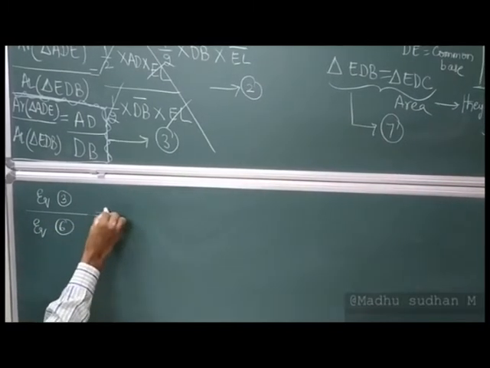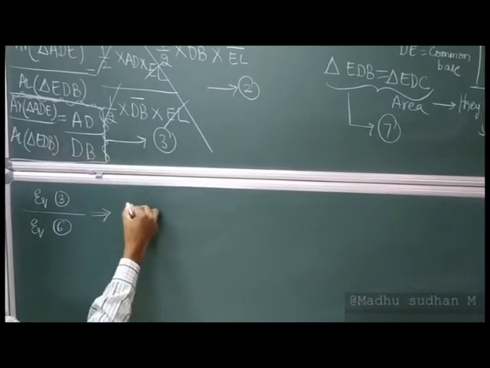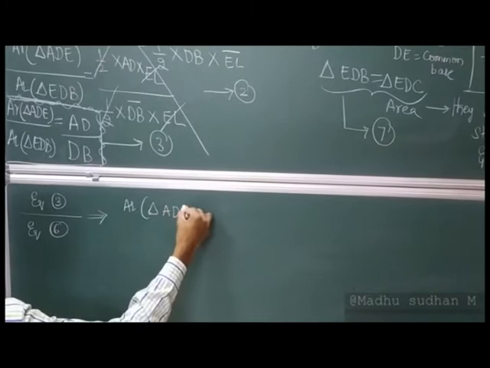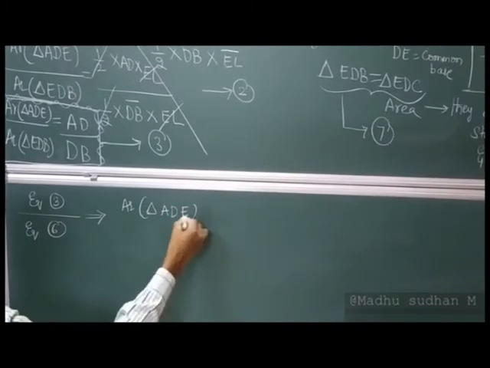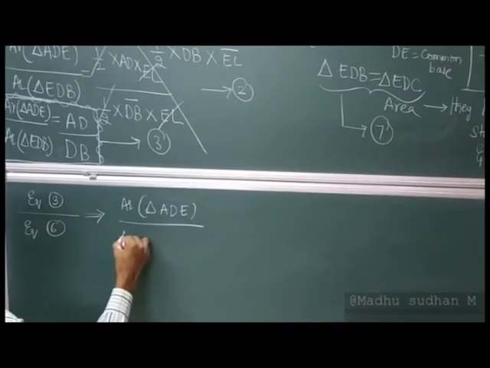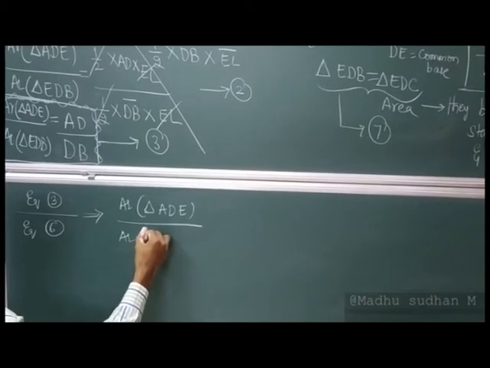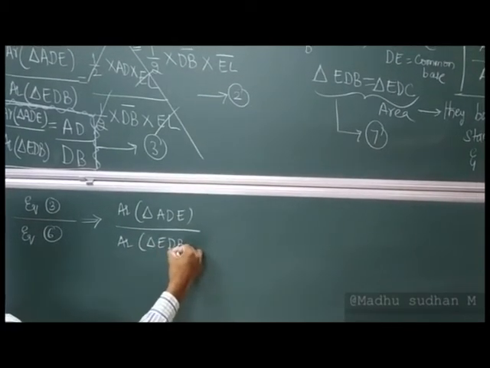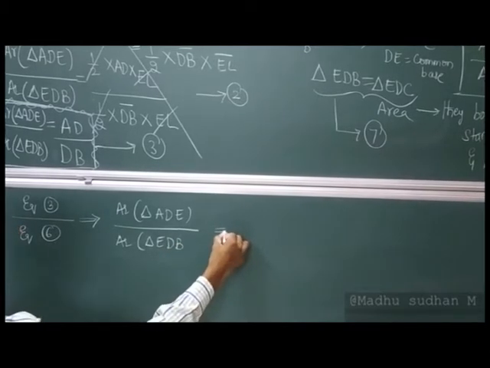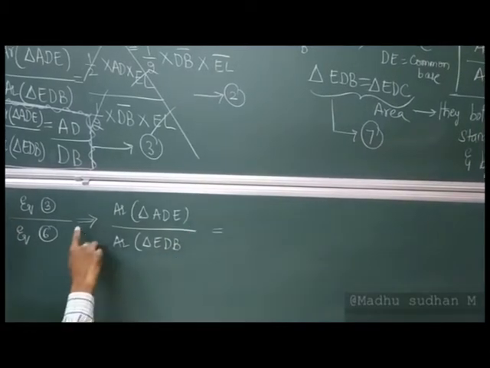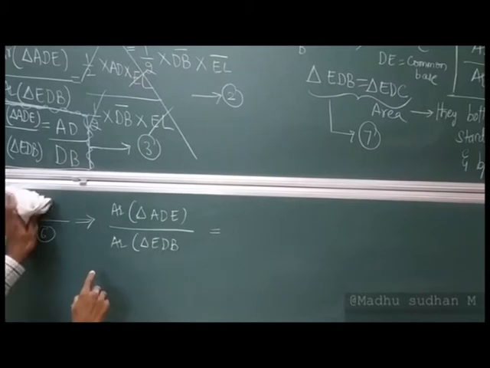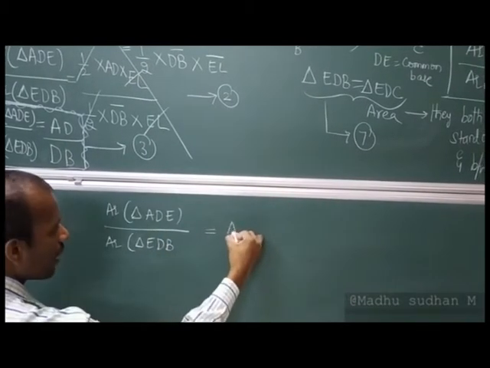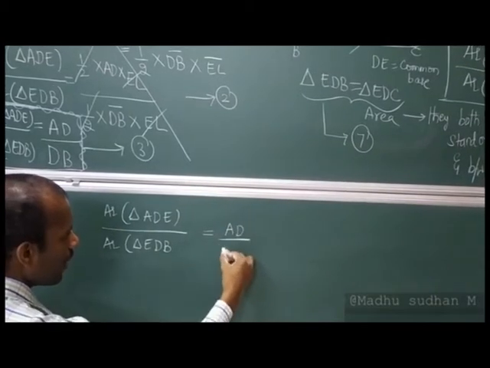That shall give me here area of triangle ADE divided by area of triangle EDB, right? Which is equal to AD by DB.